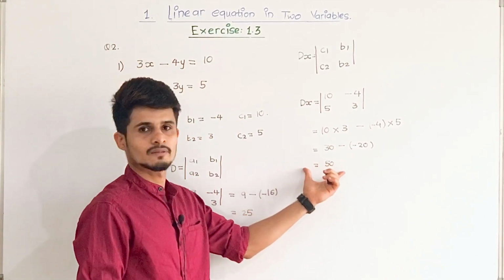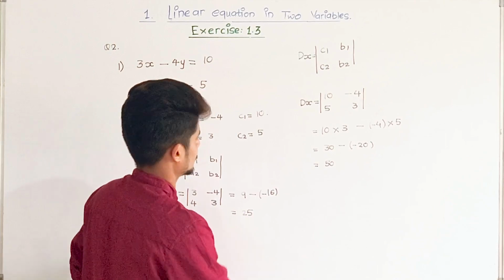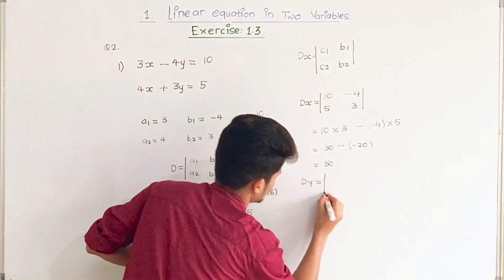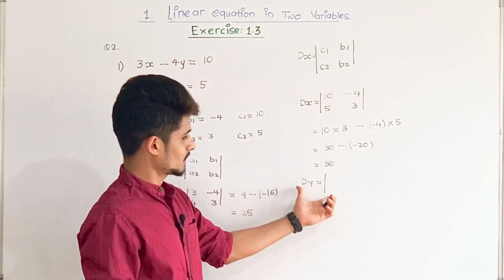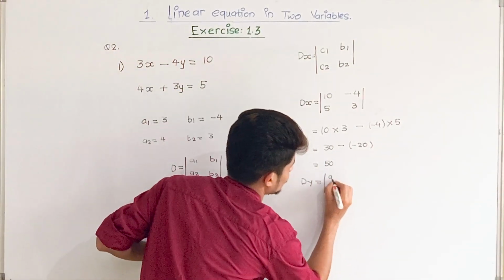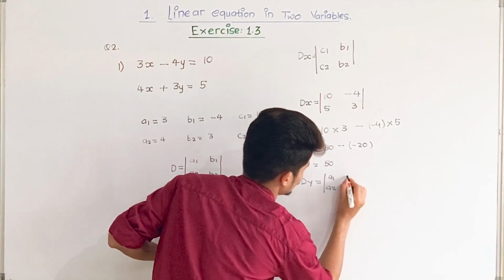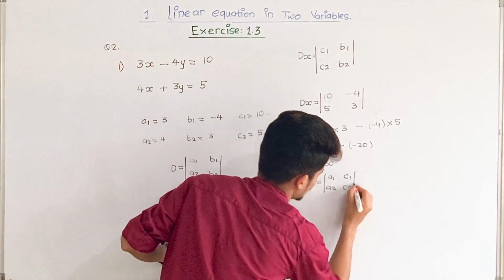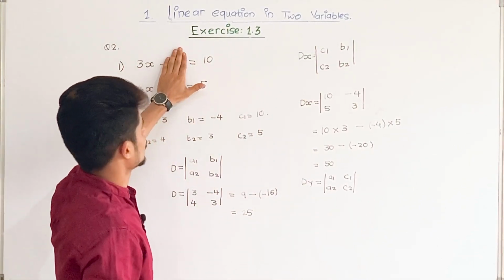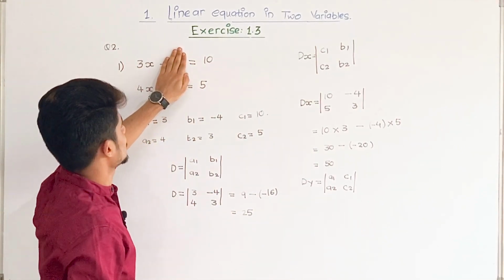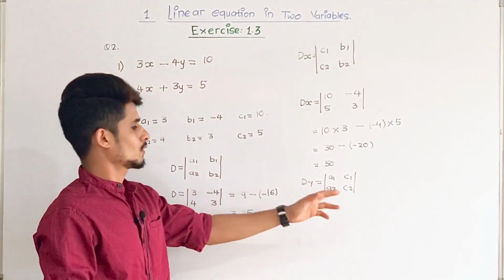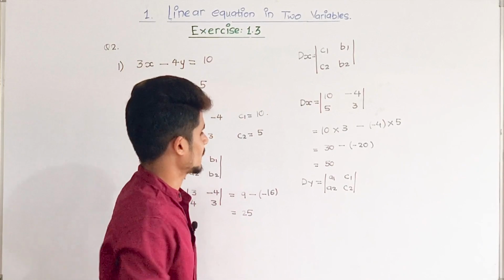Similarly, we will find the value of determinant of y. So in the determinant of y, the numbers are a1, a2, c1, c2. In the determinant of y, we will omit the y variable, that is the numbers of y variable, that is b1 and b2 will not be there in the determinant of y.